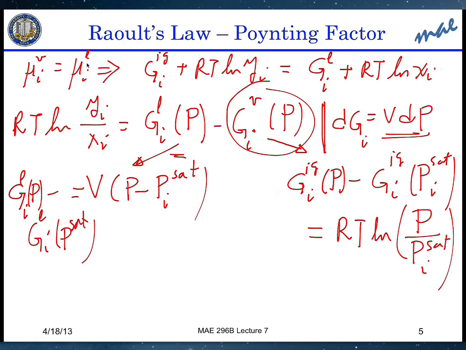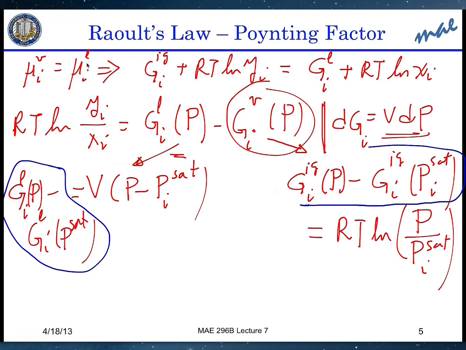So on the left hand side I have this difference here. So this is Gi of the liquid minus Gi of the liquid at P sat is equal to V times P minus Pi sat. On the right hand side I have the difference between Gi of the vapor at P minus Gi of the vapor at P sat.